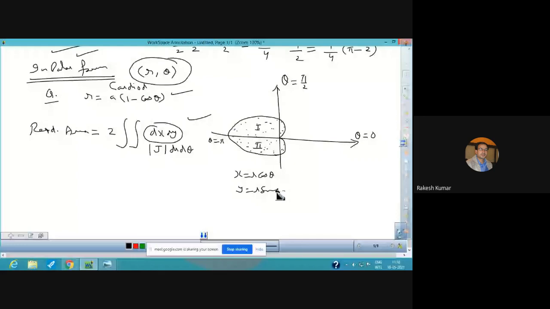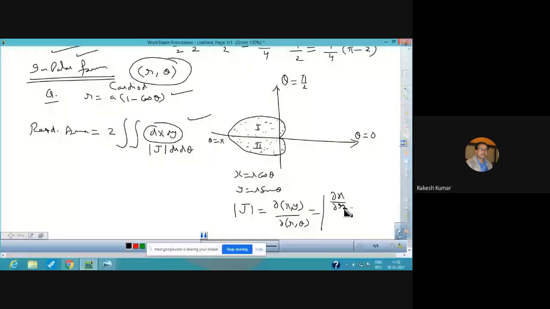The value of the Jacobian of xy with respect to r and theta is the determinant del x by del r, del x by del theta, del y by del r, and del y by del theta. This has already been discussed in the earlier class.